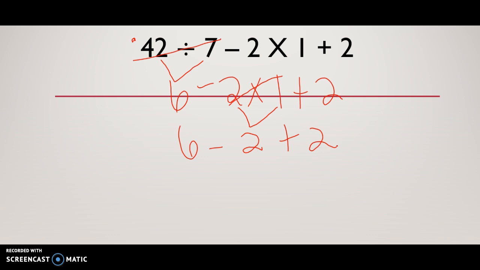So I'm looking for adding and subtracting starting at the front of the problem. So the first thing I get to is 6 minus 2, which is 4. Cross out what I've done, bring down everything I did not do. And the last thing to do is 4 plus 2, which is 6. Okay, so 6 would be my answer here.